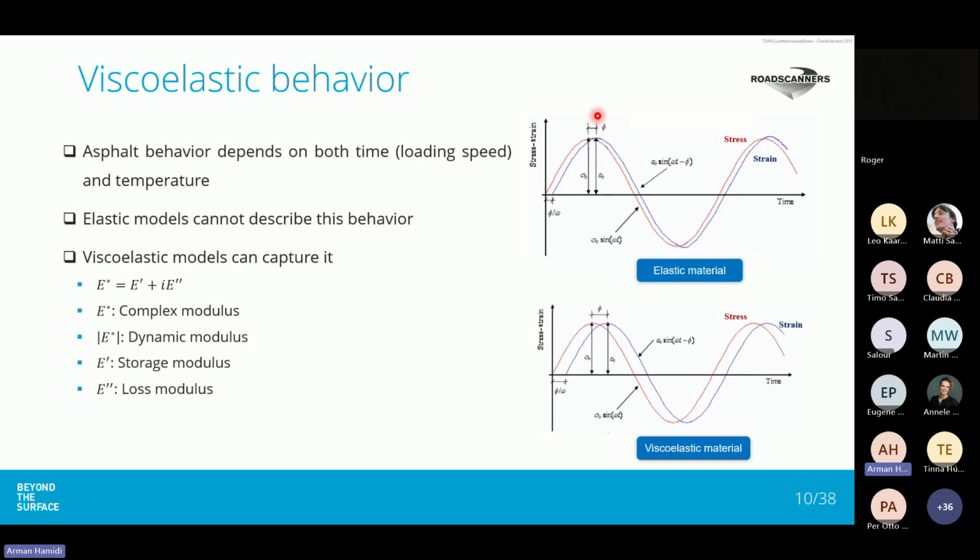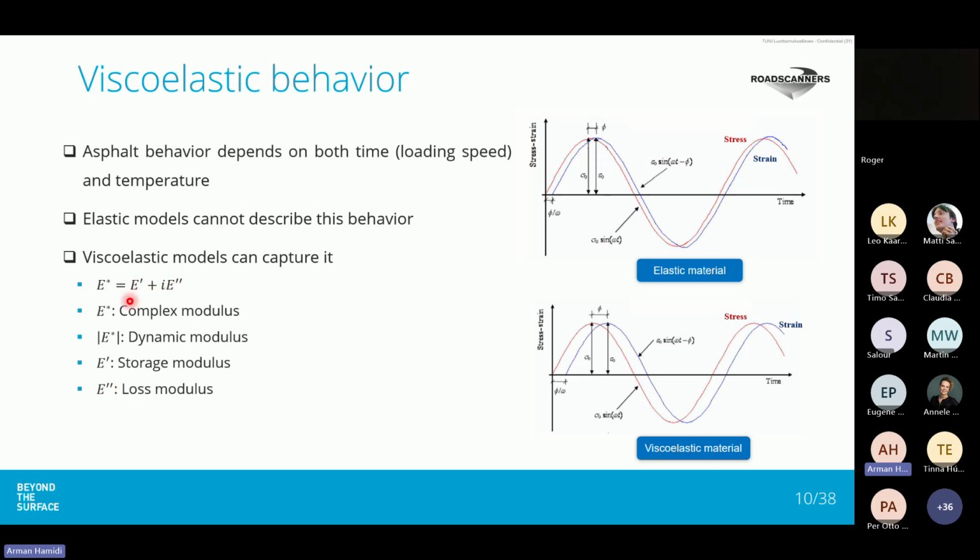So for viscoelastic materials, we cannot use a simple elastic modulus to describe the behavior, but we need to separate the elastic behavior and viscose behavior. So instead of using elastic modulus, we need to use complex modulus. And two components of this complex modulus are E prime and E double prime, which are storage modulus and loss modulus.